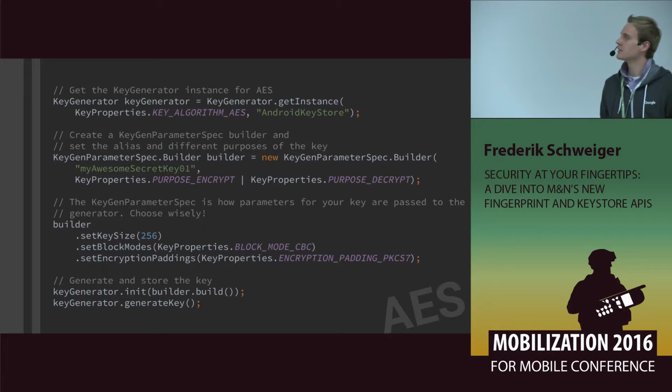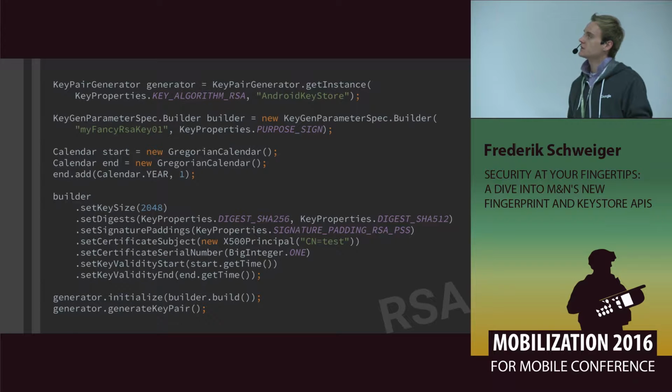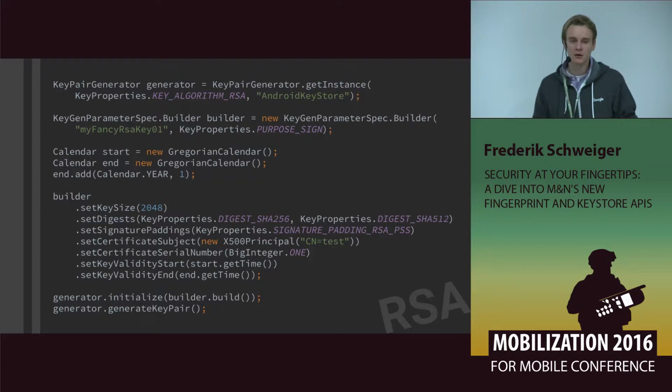Let's have a short look at how it looks like for RSA. It's nearly the same. We just have the key generator with the key properties RSA, the same Keystore JCA provider, have just a calendar and build the key parameters with a certificate and so on.